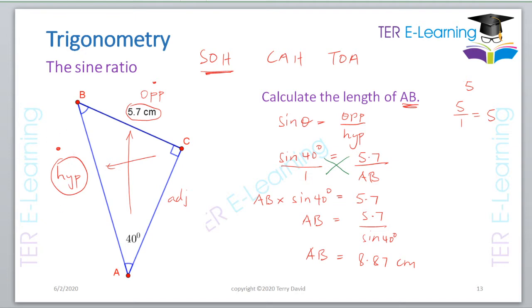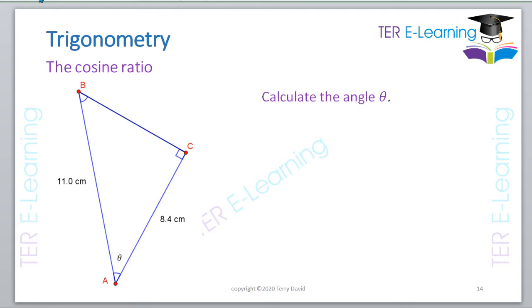let's look at our next question, right? So let's look at this here. So we want to find the angle theta, right? So this is my angle here. So the side opposite this angle here is called opposite, right?